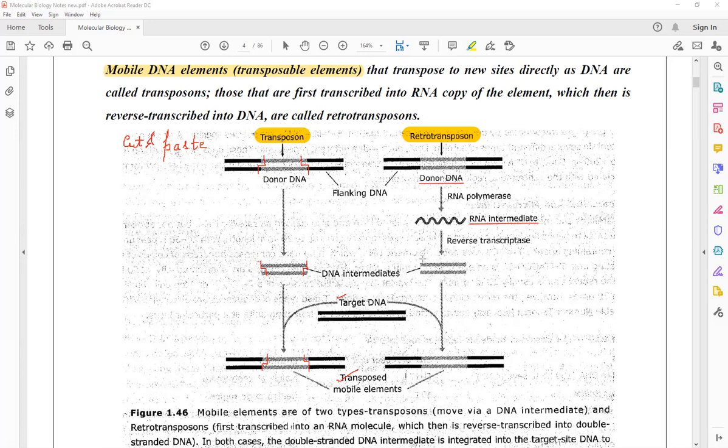Once it is reverse transcribed, it will lead to the formation of a double stranded DNA molecule. The double stranded DNA molecule that has been produced will insert itself into a target DNA to form a transposable mobile genetic sequence.